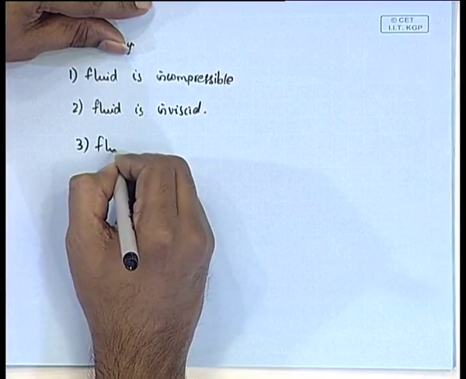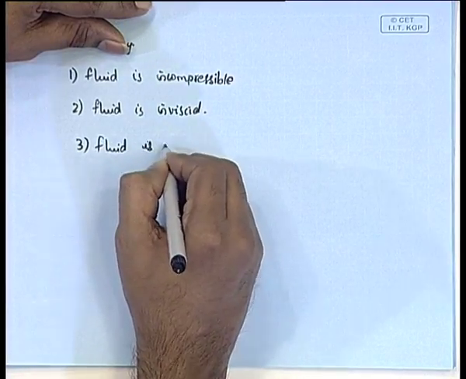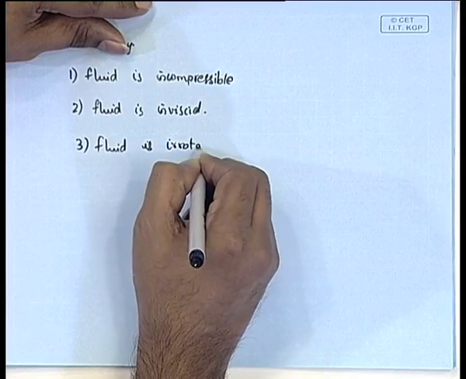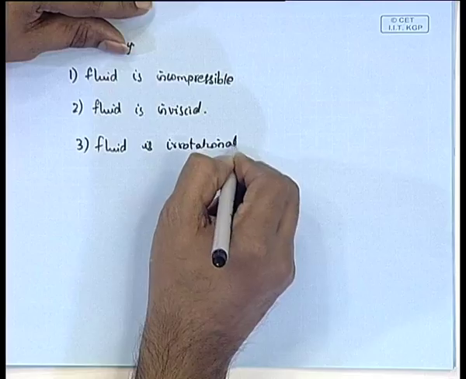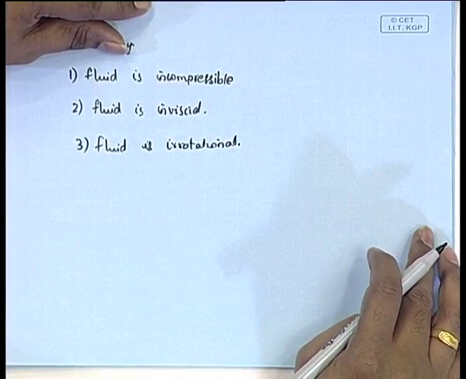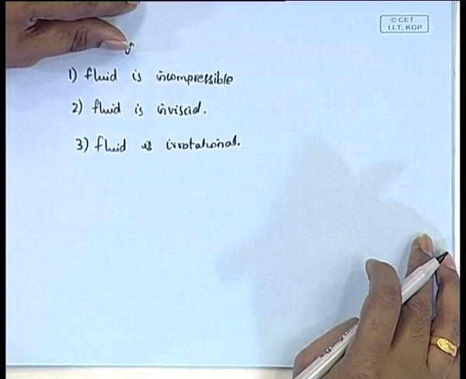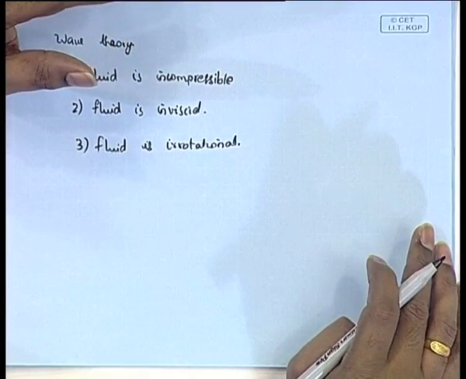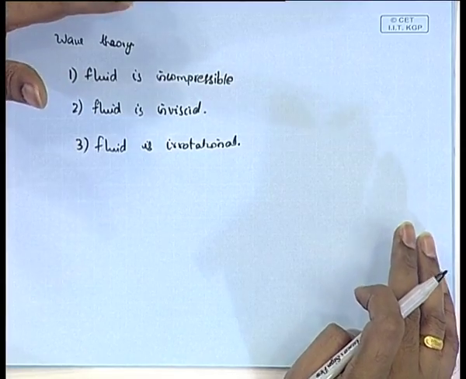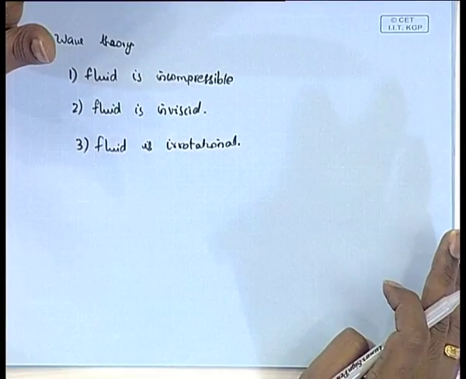Then we assume that, again in fluid mechanics, there is a term known as the rotational property or rotation of the fluid. We say that a fluid is either rotational or irrotational.